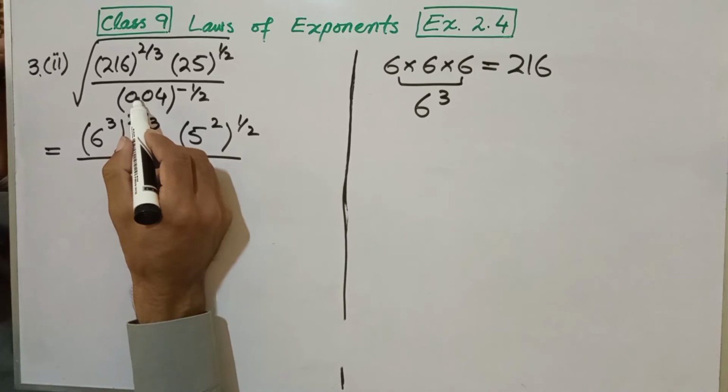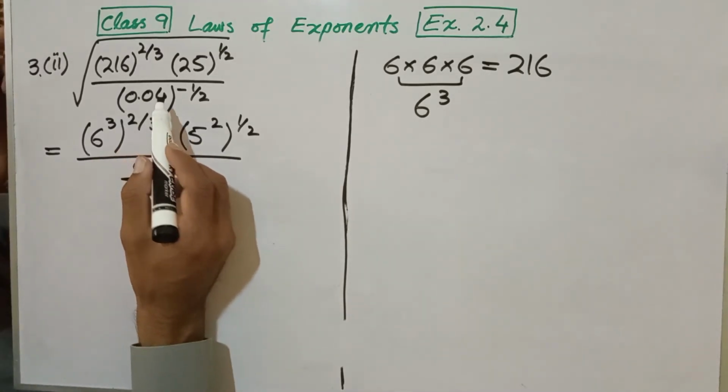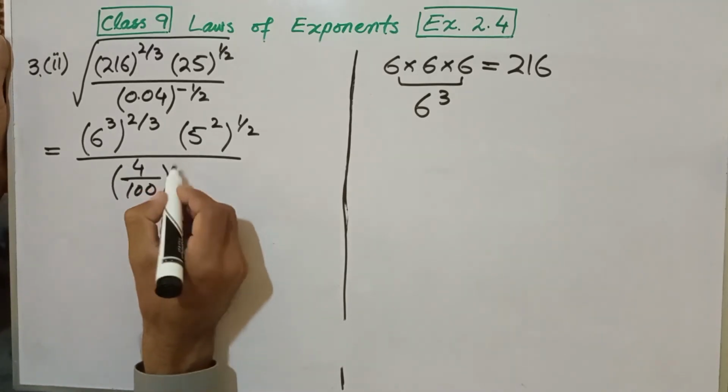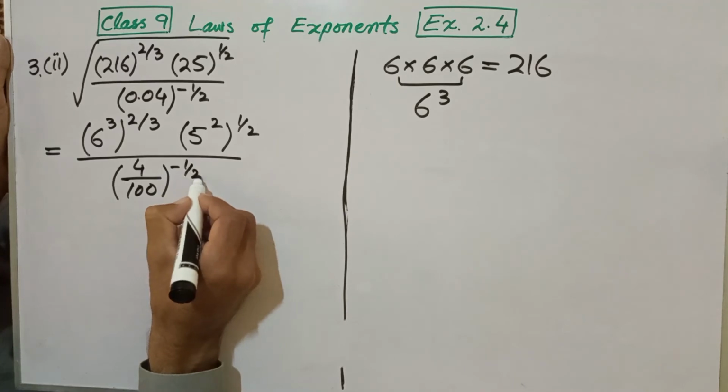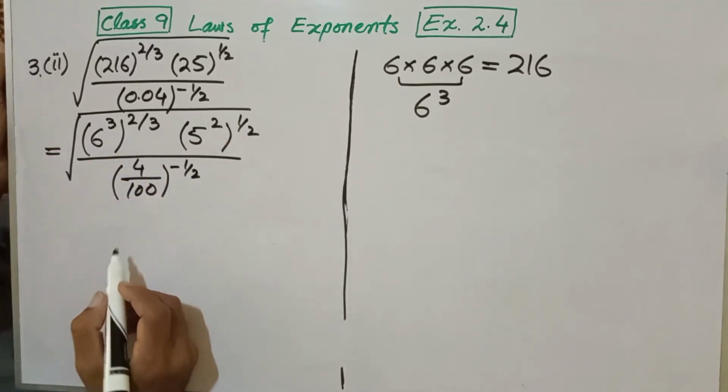Here the decimal point is replaced by 1, and the number of digits is replaced by the number of zeros. Whole power minus 1 over 2, whole square root.